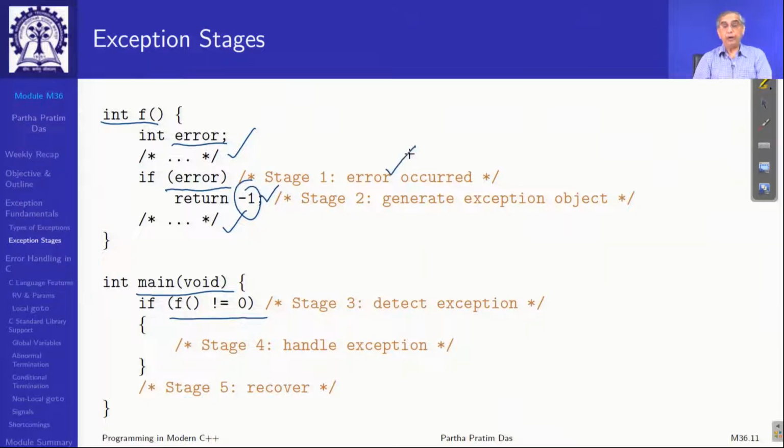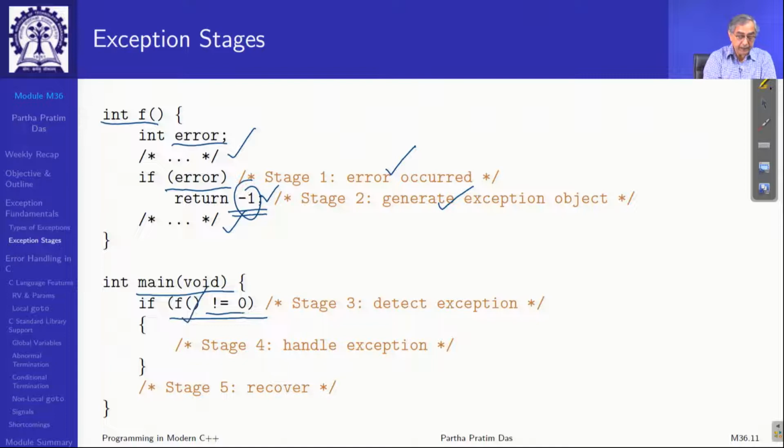When you check this value and find that an error has occurred, that is the incidence of the error, stage 1. Then when you return, you have generated the exception object, which is an integer value -1, and you are raising it. The control comes back here.